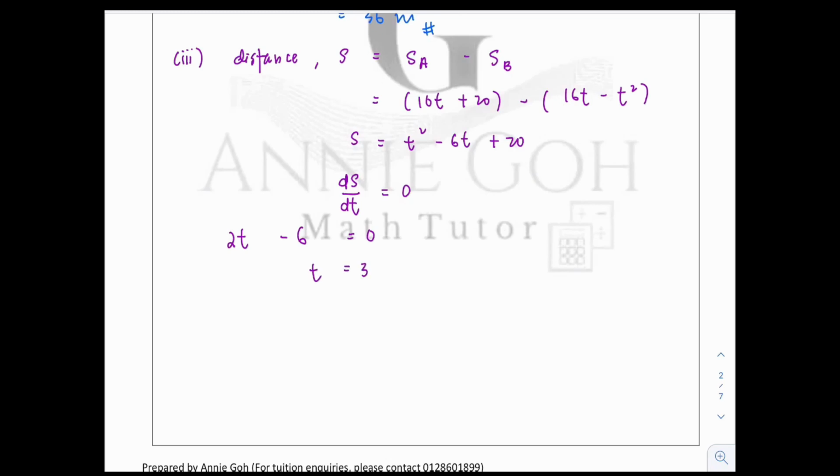Which means when T equals 3, the distance between the two particles is minimum. And for now, we need to find the minimum distance between the two particles. How are we supposed to find this distance? We just need to substitute T equals 3 into the distance expression here.